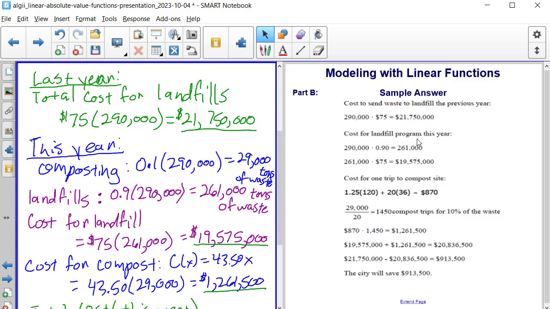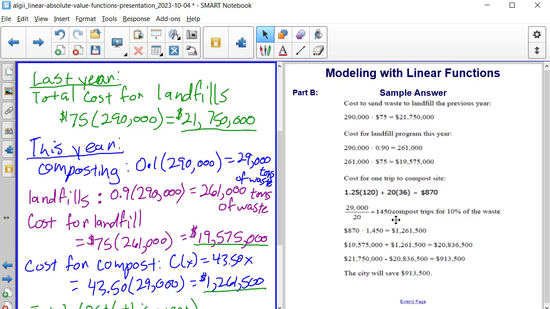The cost for the landfill program this year still got that same amount, $19,575,000. But then what they did was they found the cost for one trip to the compost site and then divided the 29,000 tons of compost by 20 tons, because that's how many each truck will hold.